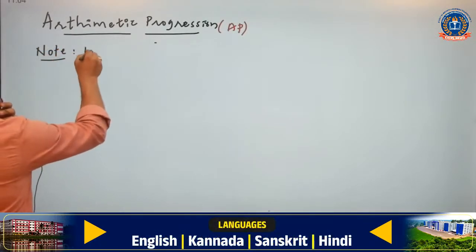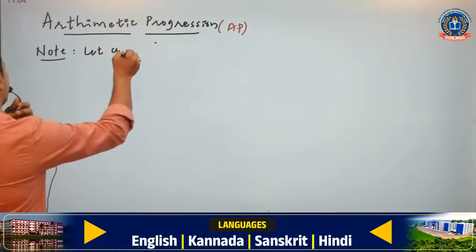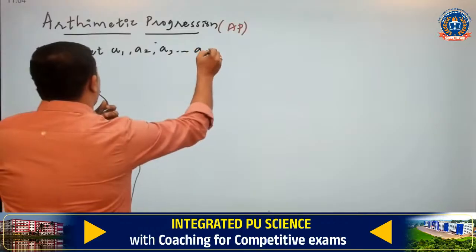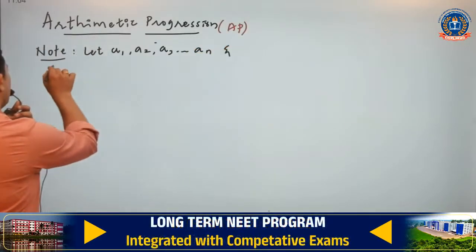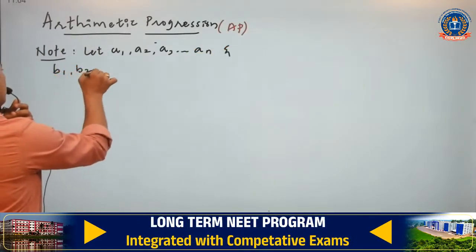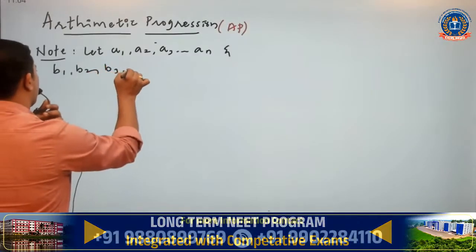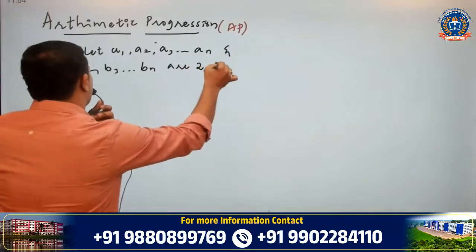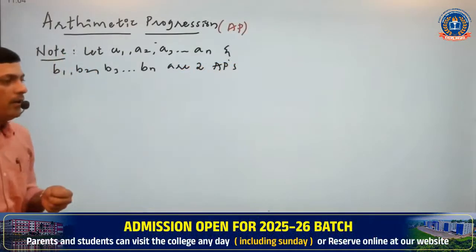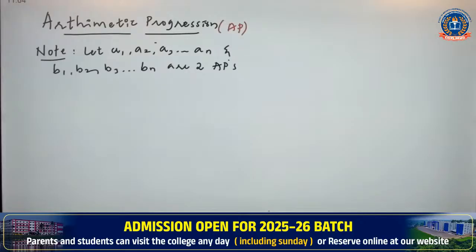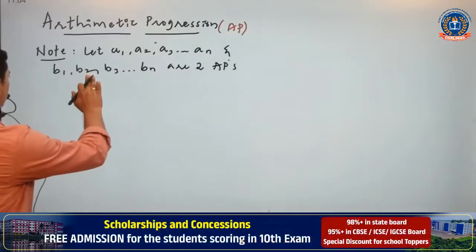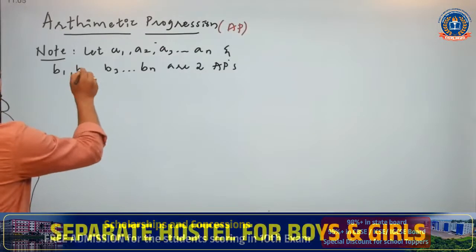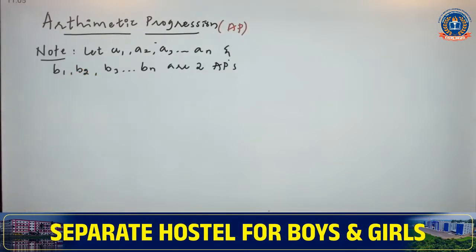Assume that A1, A2, A3 and so on AN and B1, B2, B3 and so on BN are two APs.